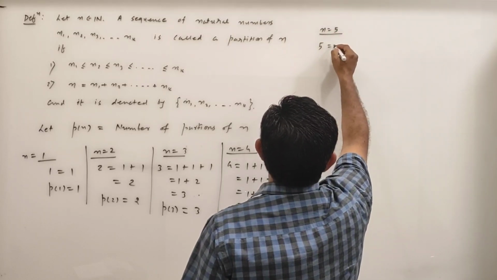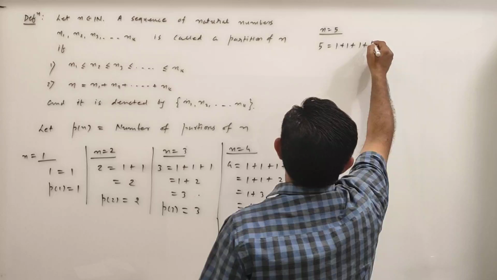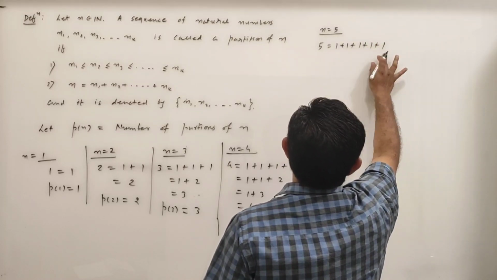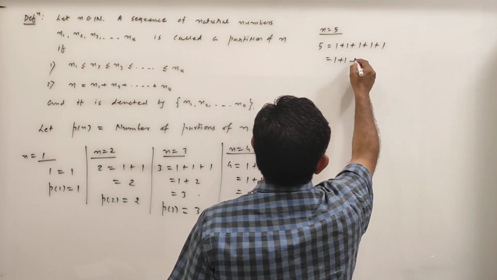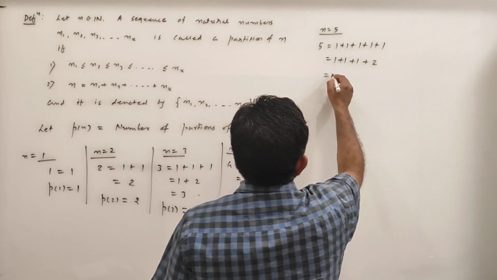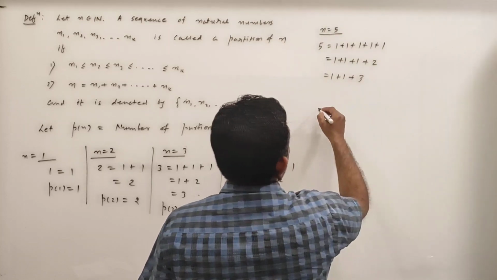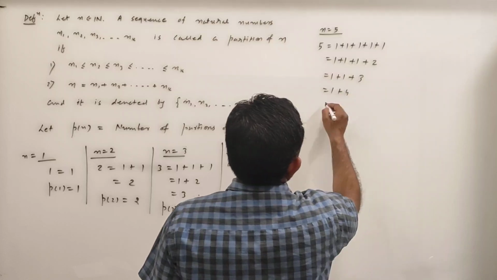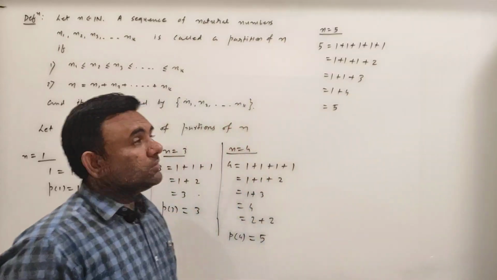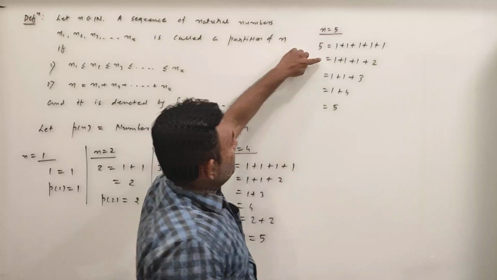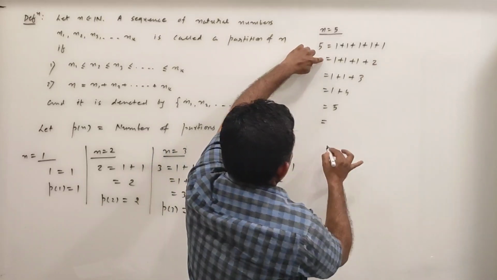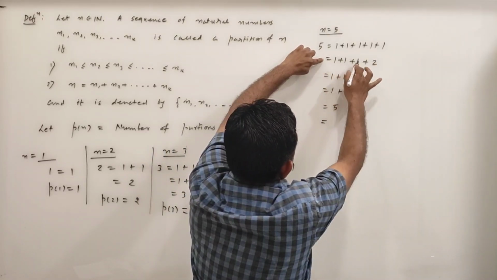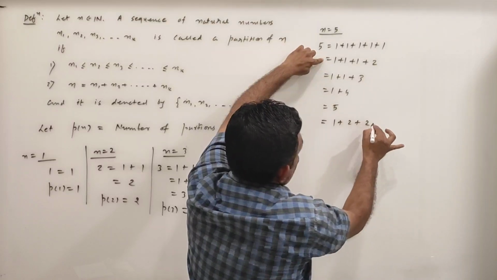So 5 can be written as 1 plus 1 plus 1 plus 1 plus 1. Then 1 plus 1 plus 1 plus 2. Then 1 plus 1 plus 3. Then it is 1 plus 4 and 5. Right? Now let me start from here, the second. So 1 plus 2 plus 2.